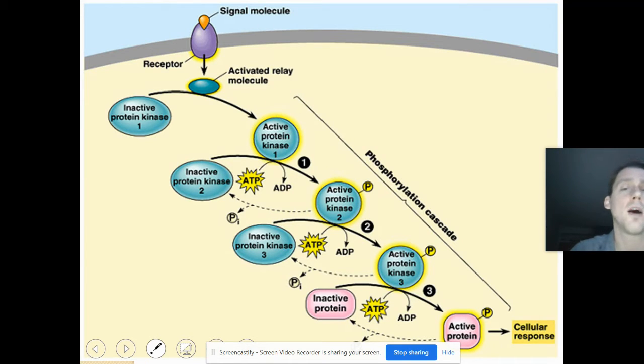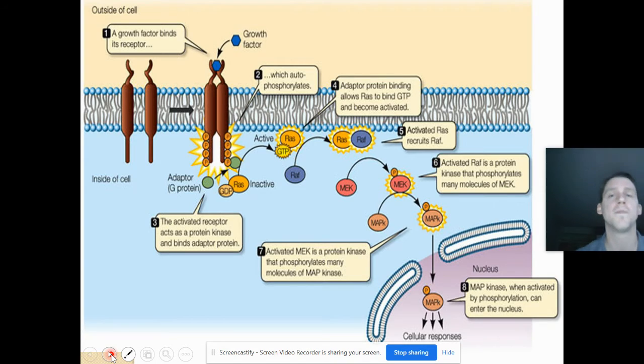Each one of these 100 activated kinases can then activate 10 protein kinase 2s. So now think about how many that is, and then they can activate 10 more, and they can each activate 10 more. So at the end of this cascade, we have amplified the signal exponentially. Activation is very, very important. Amplification is very, very important.